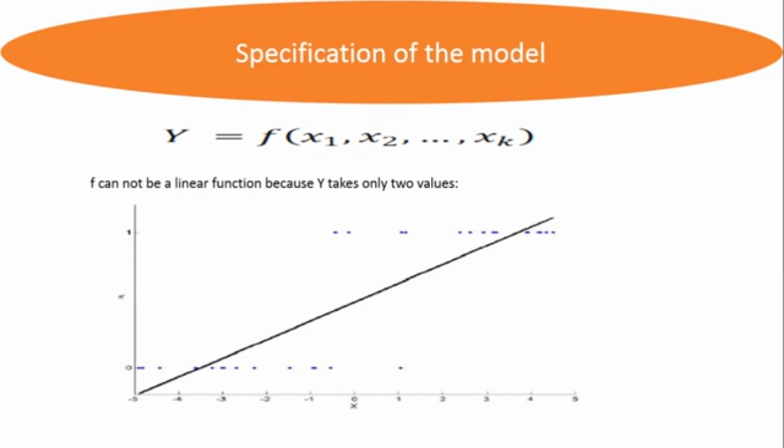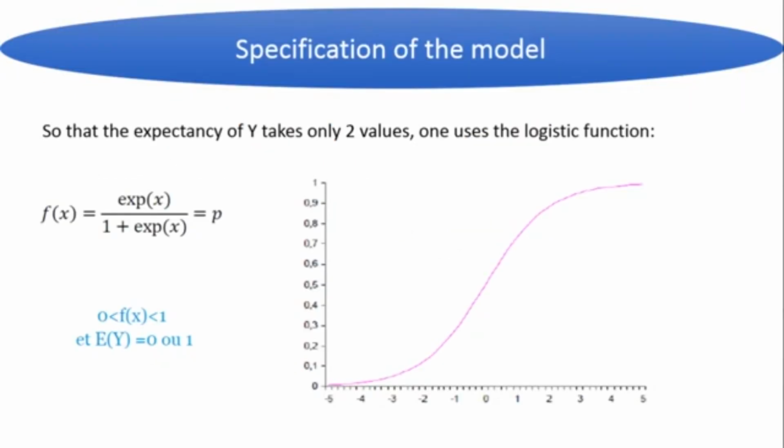A linear function is not appropriate in this kind of situation if you need to explain your main variable that is supposed to be binary in function of many other variables, even though they are only quantitative. So we need to search for a functional relationship that cannot be linear in this kind of situation.